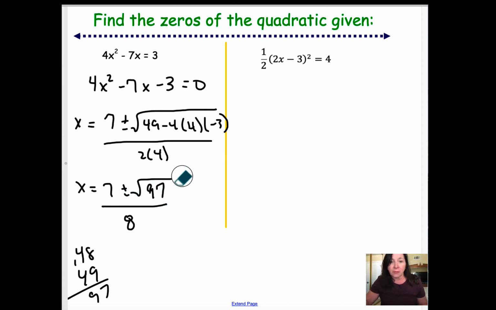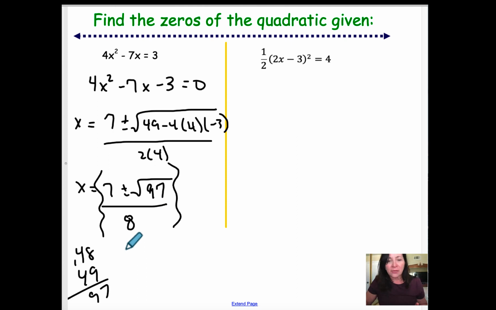And so those are my zeros. And yes, I do expect you to know how to make that into a decimal equivalent. The way you do that on your calculator is just to go 7 plus the square root of 97, go equals, and then divide by 8.